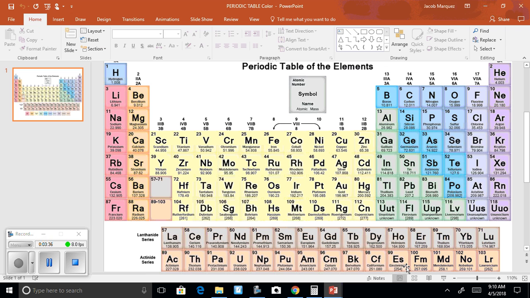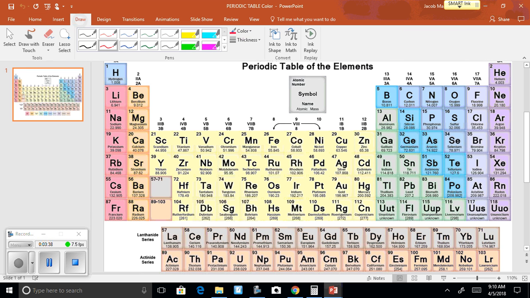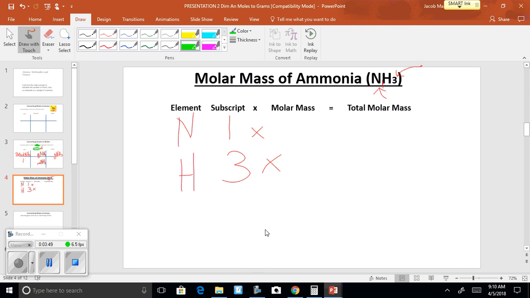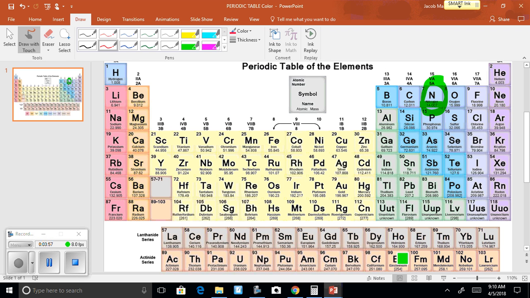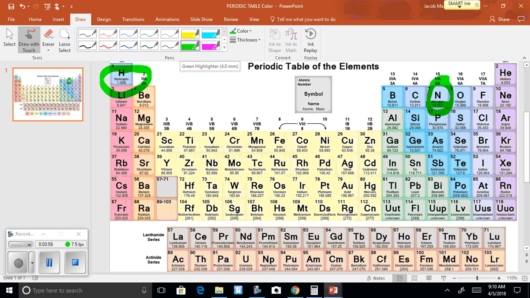So you go on your periodic table, you find nitrogen, and nitrogen is right over here. And you notice the number at the bottom is your 14, that's your molar mass. So nitrogen's molar mass is 14 grams per mole. And you do the same thing for hydrogen. Hydrogen is over here, and hydrogen's molar mass down here is 1. So that's 1 gram per mole.